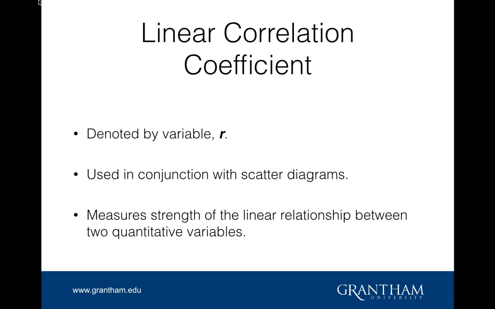It does not tell us if there is a relationship that's not linear. It just tells us how strong the linear relationship is. And so maybe we will talk a little bit more about that, or you'll see something that alludes to that in your assignment.